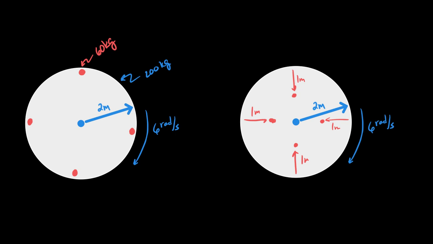But the motor still continues to spin the merry-go-round at 6 radians per second. How much work was done by the motor?